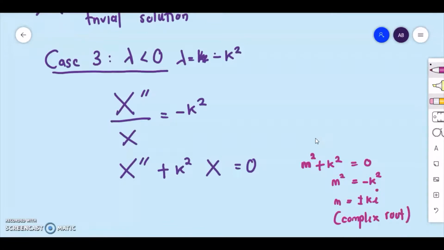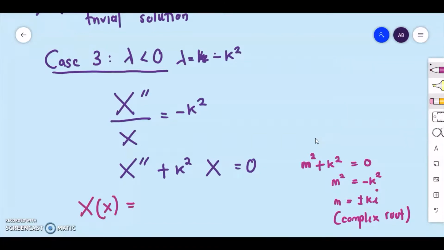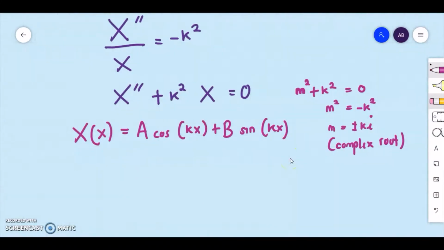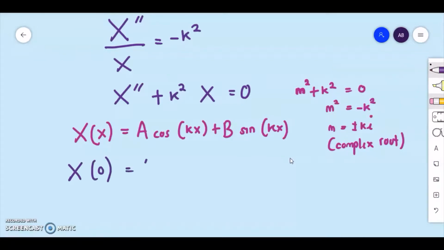So my equation now will be a term involving cos and sine: A cos kappa x plus B sine kappa x. Now what we gotta do here is see the solution we can obtain when we apply the boundary condition. So look at the boundary condition when x is 0.